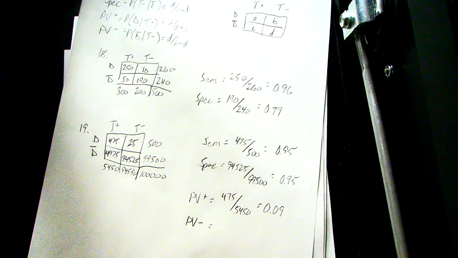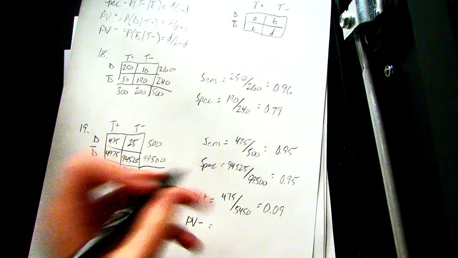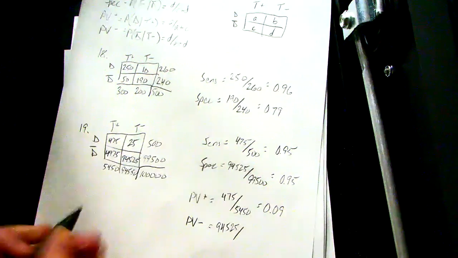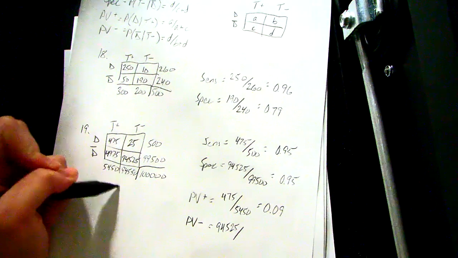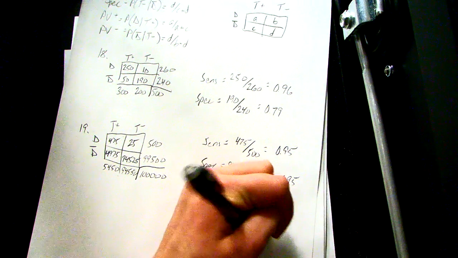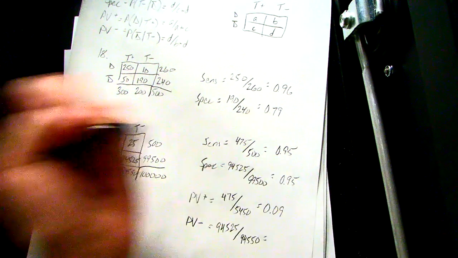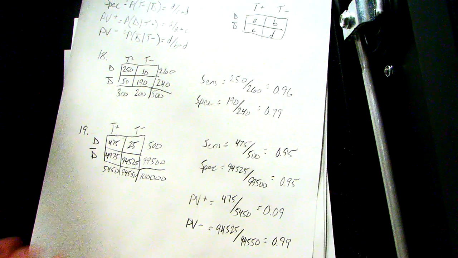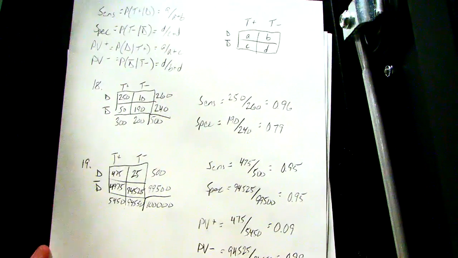And our negative predictive value would be cell D over the margin B plus D, so this one here. And that gives us a negative predictive value of 0.99. And that is all for those two questions.